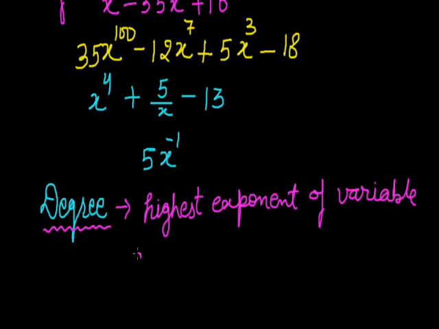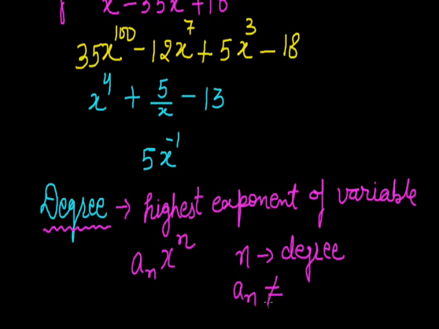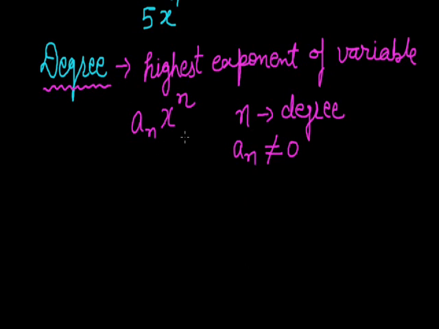If the polynomial contains the term a times x raised to n, then n will be the degree where its coefficient should be non-zero. Otherwise it will not contain the term of x raised to n. The highest exponent of the variable is known as its degree, and the degree may be minimum 0 and maximum up to any natural number.